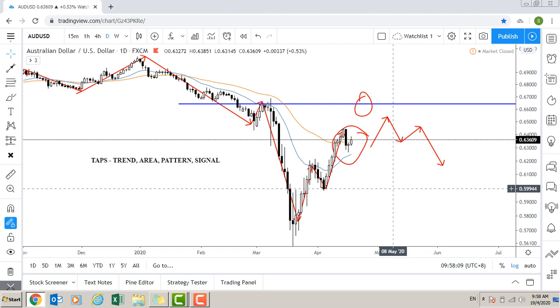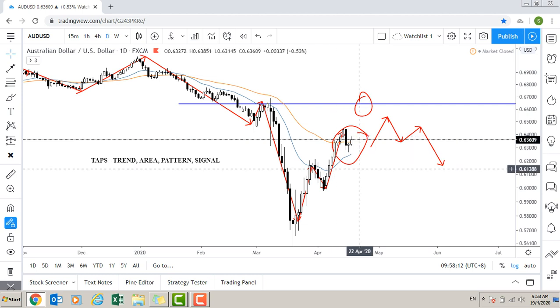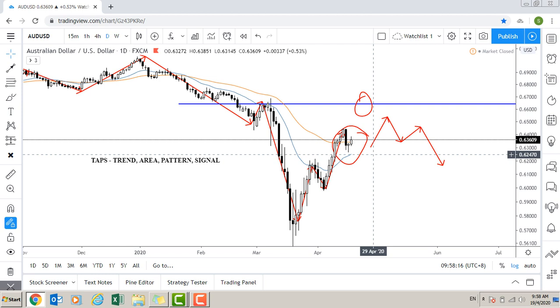That's why I say sometimes we want to see the price reach a certain level, but if the price doesn't reach any level, then we might want to look at the pattern itself.